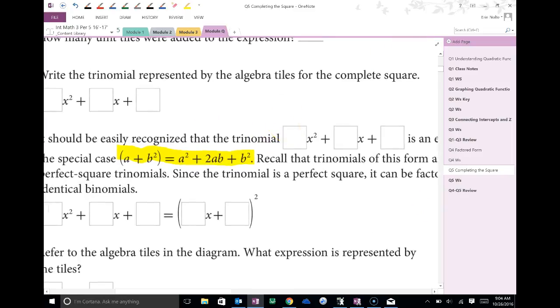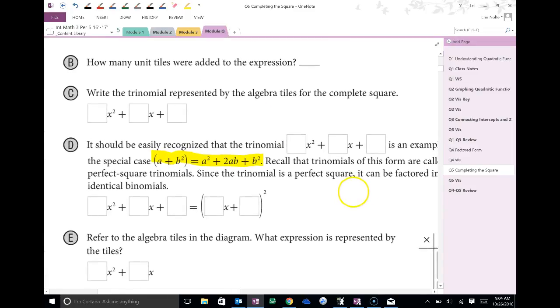This is the first thing I want you to write down, and this is called a special case. There is a typo here. See this 2 right here? That should be on the outside. It should say a plus b, squared, is equal to a squared plus 2ab plus b squared.